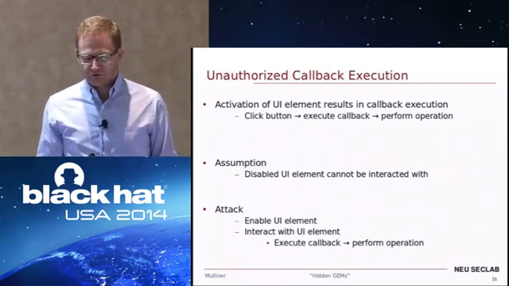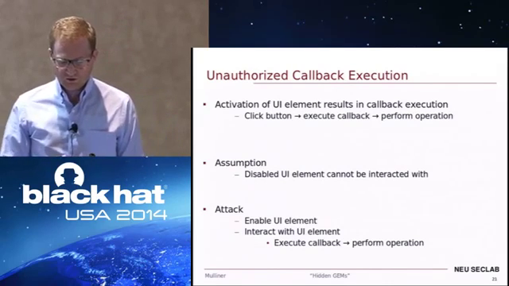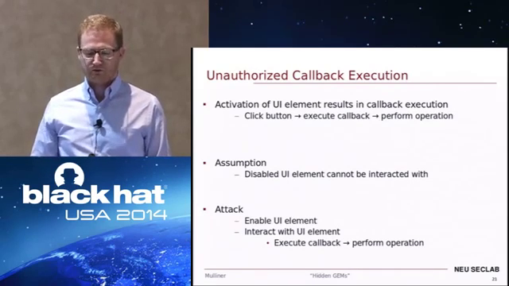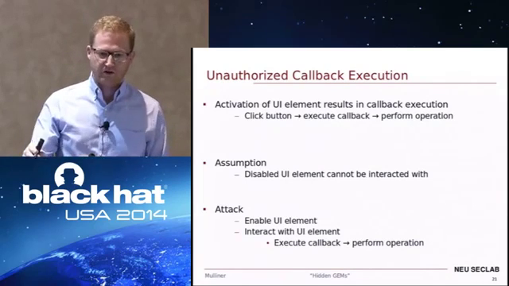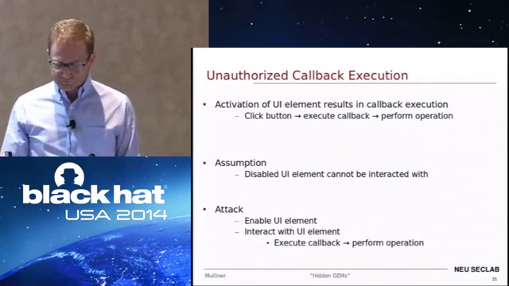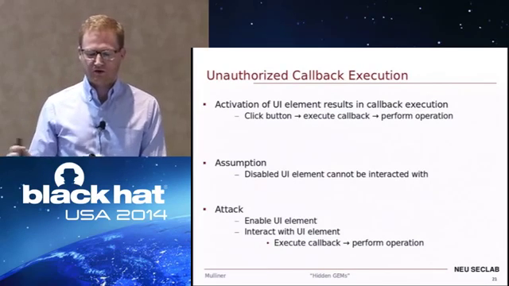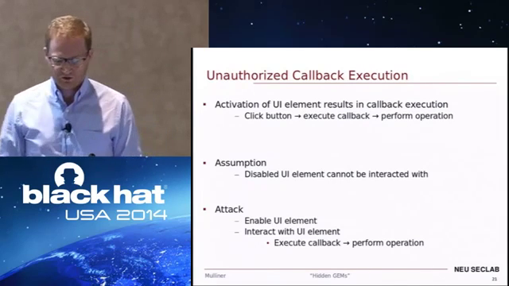When you look at the first one, unauthorized callback execution, normally how UIs work, you have some UI element, and if you activate it by clicking on it or focusing it and pressing enter, the activation executes a callback that then performs some operation within the application.